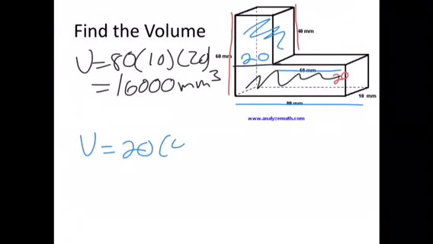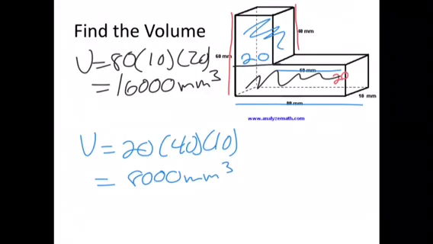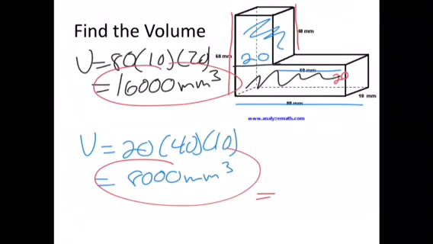So 20 times 40 times 10 gives us a total of 8,000 millimeters cubed. So for our final answer, we combine those two, the 16,000 and the 8,000, to get a total of 24,000 millimeters cubed for our solid.